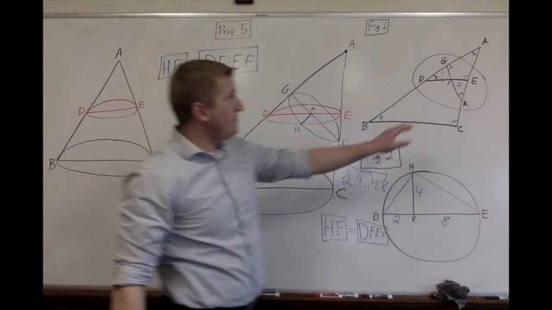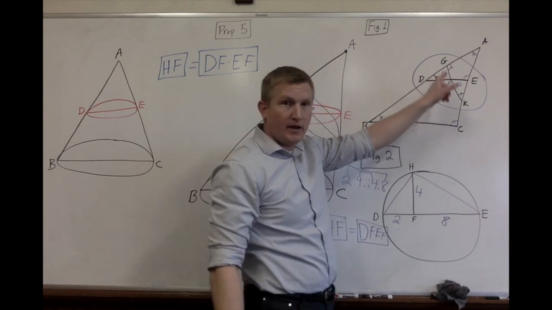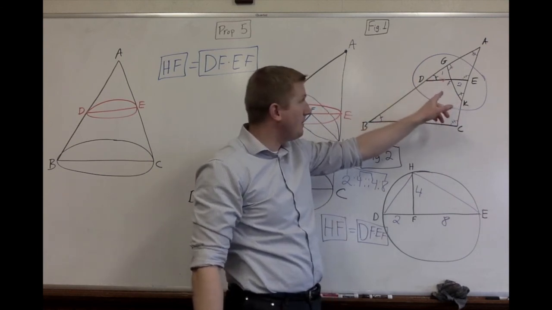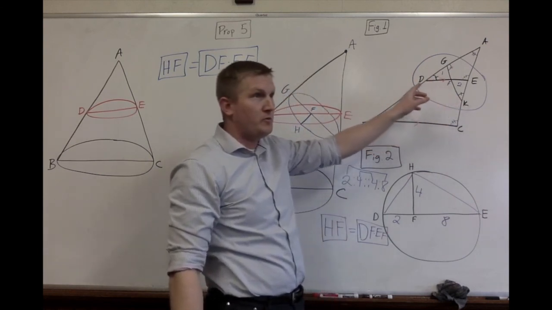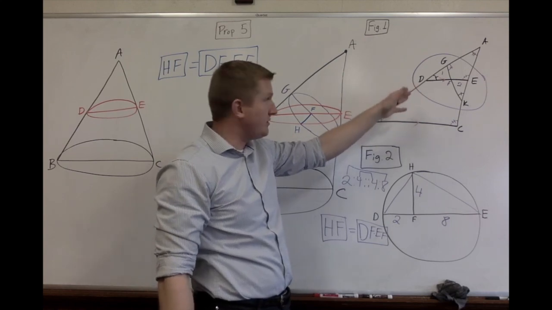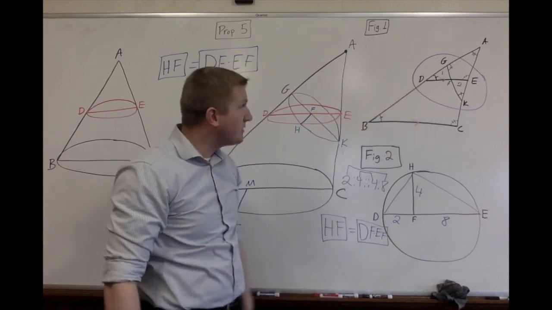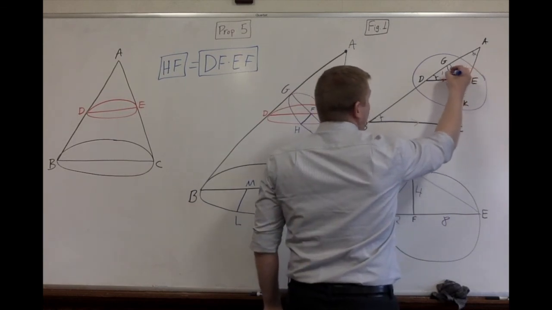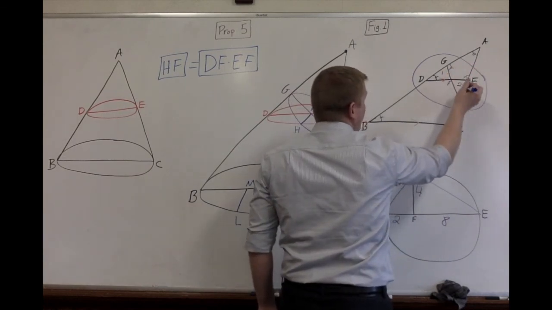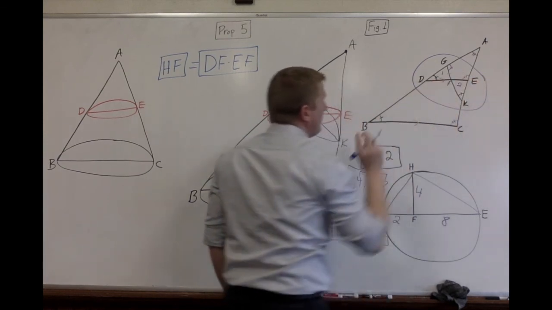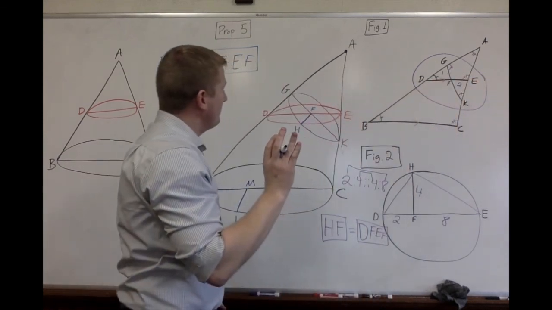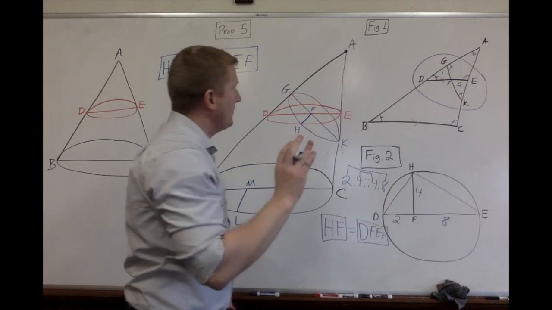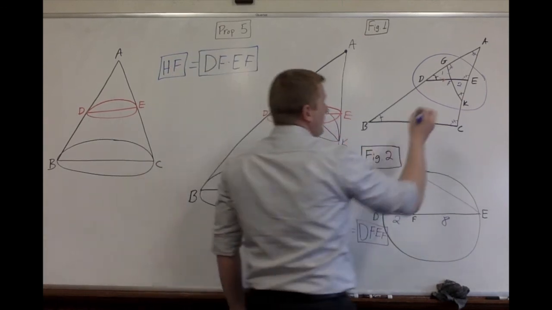But because of all the work that we did up here, proving these different parts are not just similar, but actually congruent, then GF is going to be equal to, I want to make sure I get this right. Yeah.